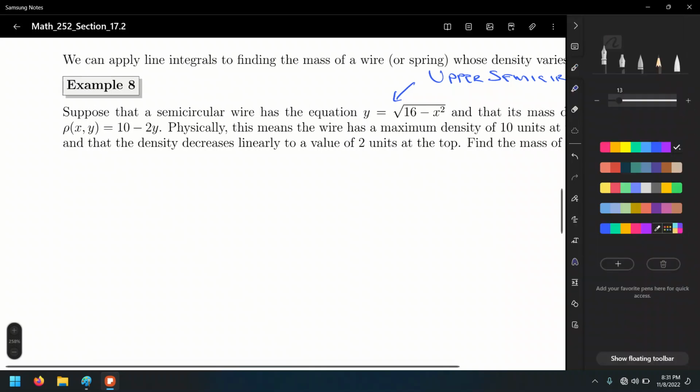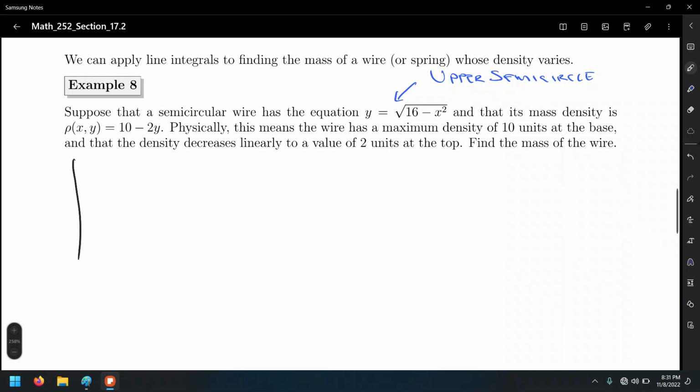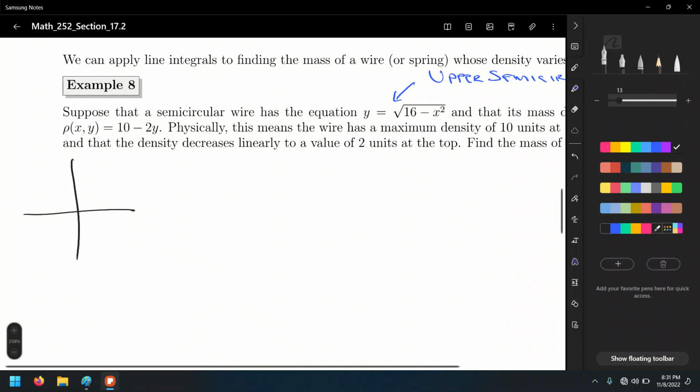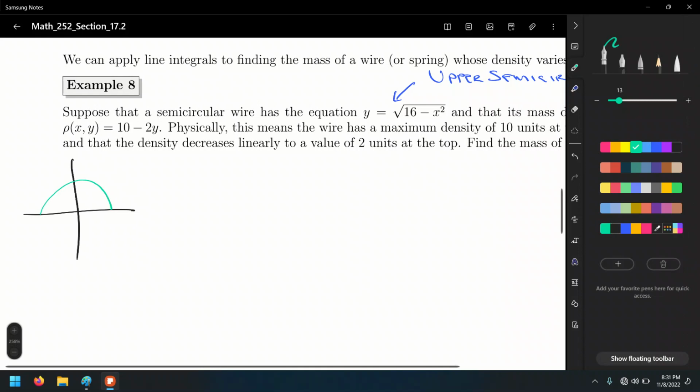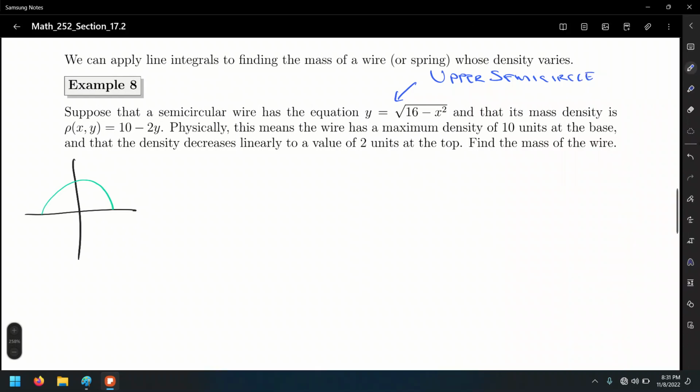So let's draw a Cartesian plane first and draw the upper semicircle, from -4 to 4, because that's a circle of radius 4.